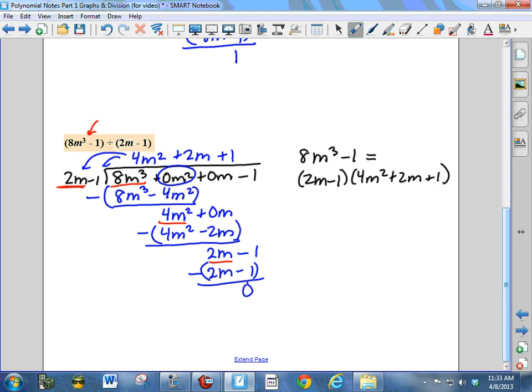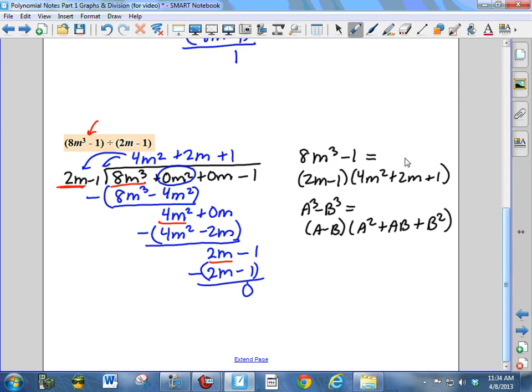If you happen to remember your factoring pattern for the difference of two cubes, which is a cubed minus b cubed is equal to a minus b times a squared plus ab plus b squared, this fits the pattern. My a is the 2m, my b is 1. But if I just remembered the first part, I could divide to find the second one if I don't remember it. Okay, that's your review of polynomial long division.